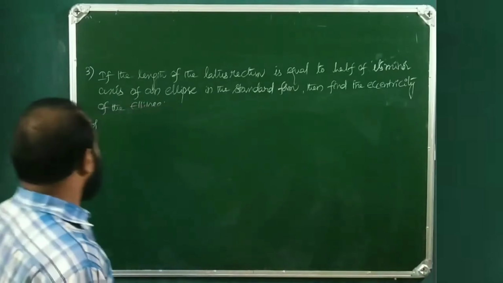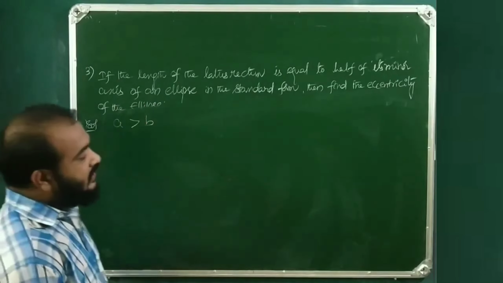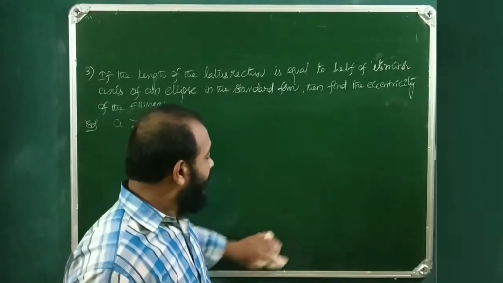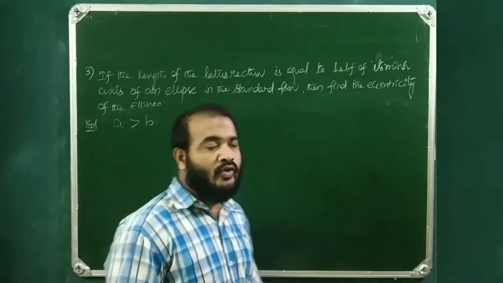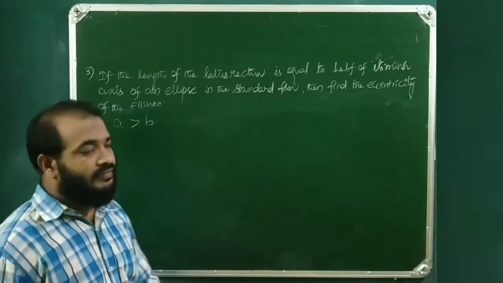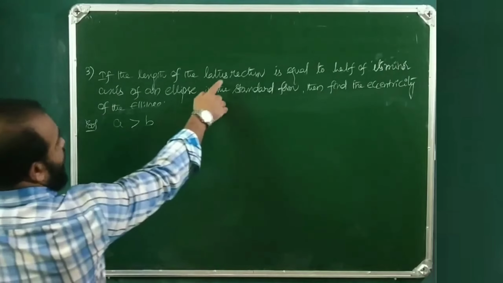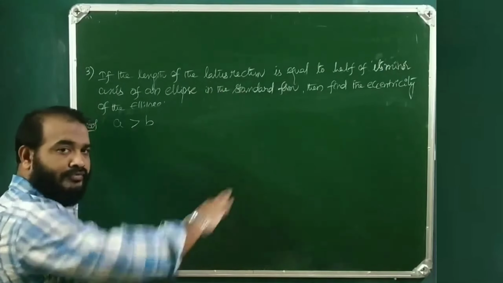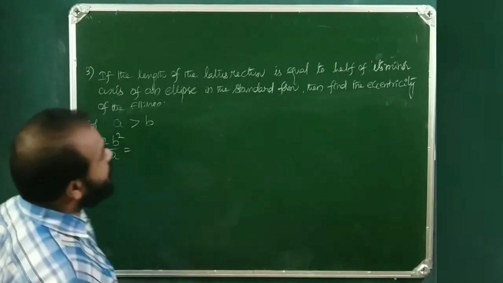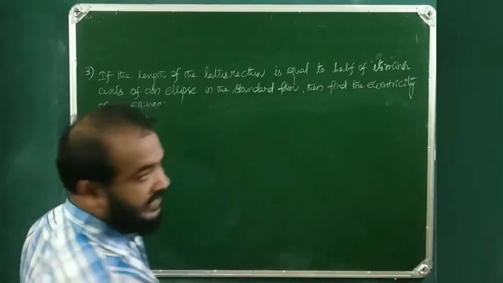So here, let us take a greater than b, since nothing else is given; we can take either a greater than b or a less than b. If you take a greater than b, the length of the latus rectum that we have seen before is 2b square by a, equal to half of its minor axis.